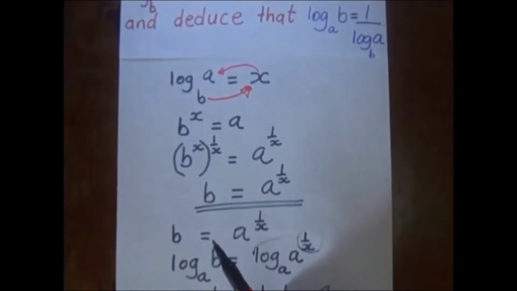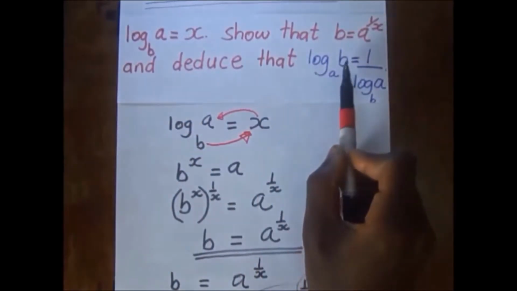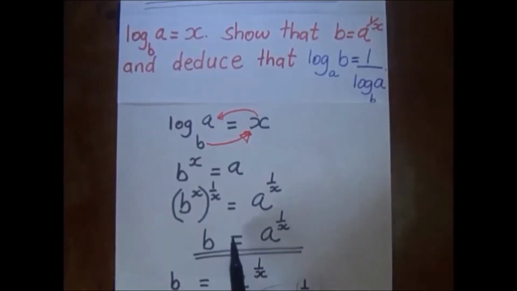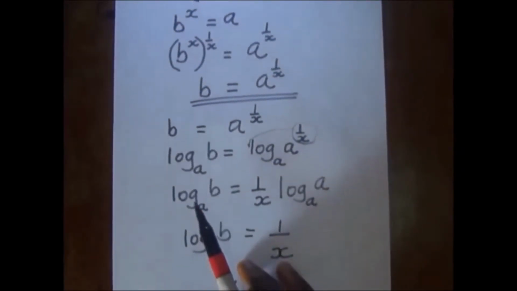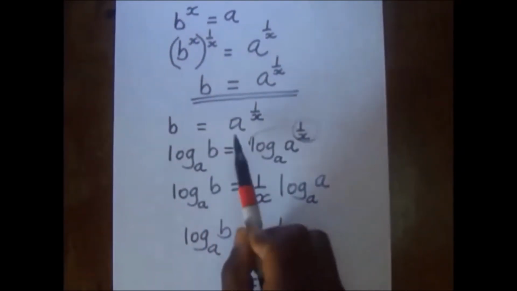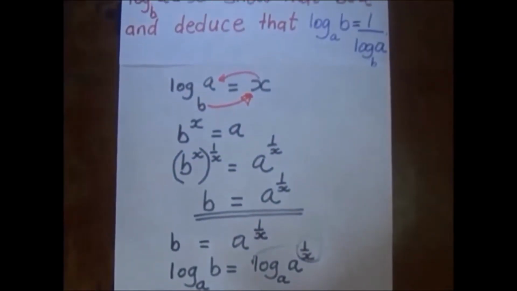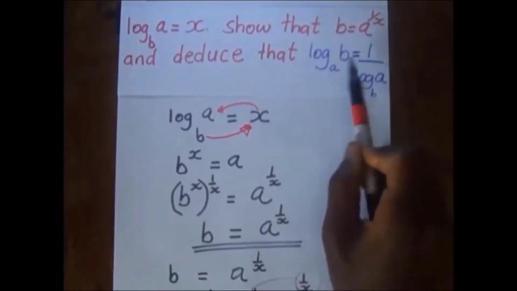The question goes ahead to tell us that we should deduce that log of b base a is equal to 1 over log of a base b from this expression. So since we are coming from that expression, we are going to put log base a on both sides of that expression. Why? Because if you look at the expression that we have been told to deduce, there is log a throughout.